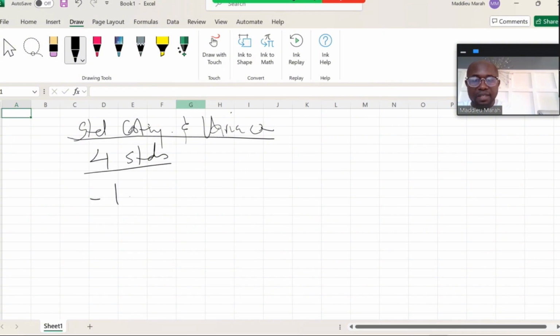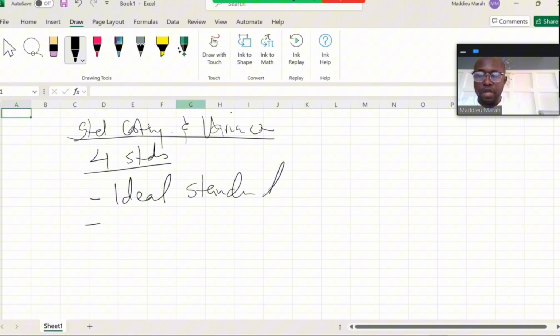One, I'll look at the ideal standard. Then I'm looking at the attainable standard.